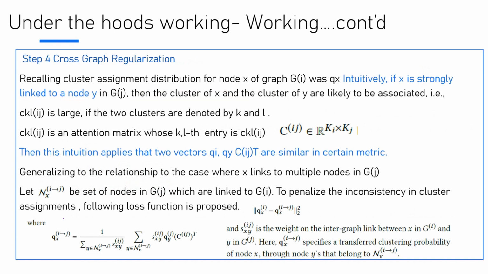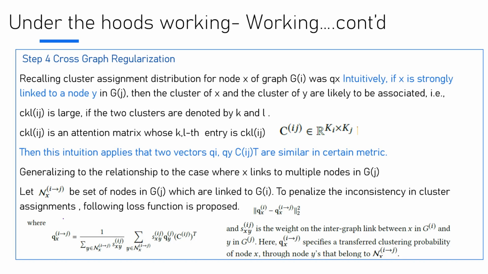Furthermore, now that we have the associations between clusters defined, we would want to regularize the findings so far. Recalling the cluster assignment distribution of node x of graph G_i is q_x. Intuitively, if x is strongly linked to node y in G_j, then the cluster of x and the cluster of y are likely to be associated.